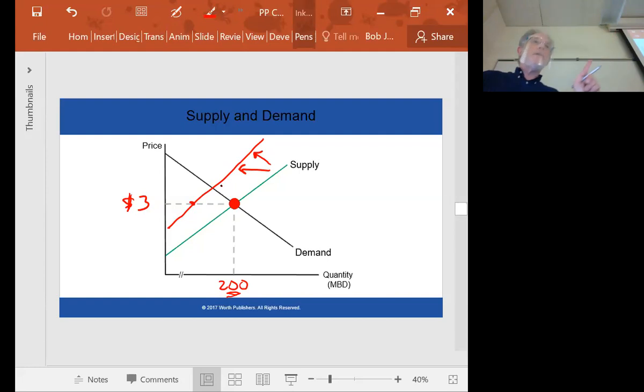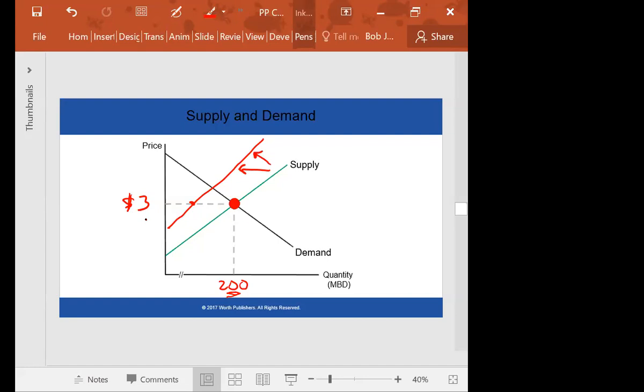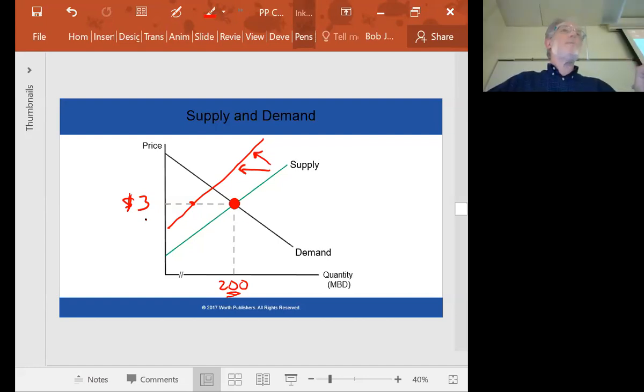Our first step was to draw a graph. Second step, figure out the event that occurred. Is this going to shift demand or supply? We said it's going to shift supply. We said it's going to decrease supply. We drew in the new curve. The last step is to figure out, well, what's going to happen to the price and quantity. And are we going to remain here at $3? No. $3 is not the equilibrium price anymore.